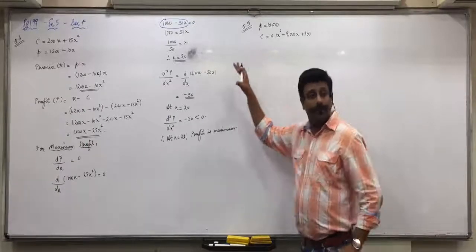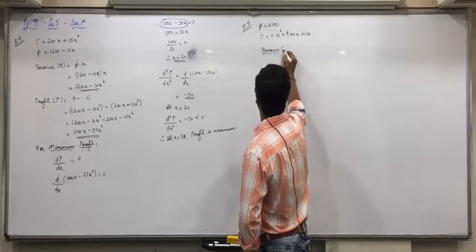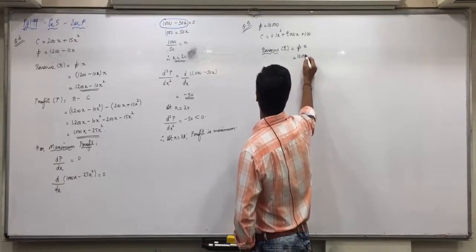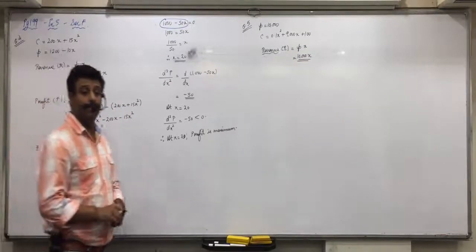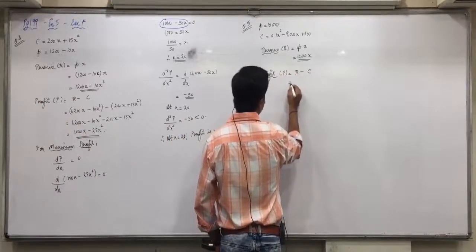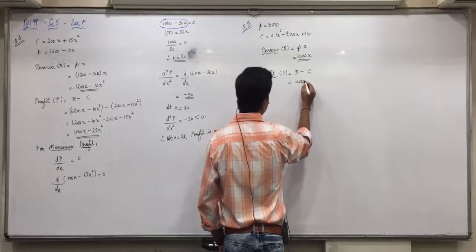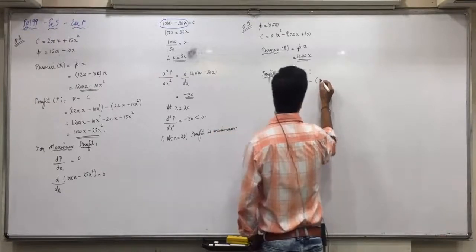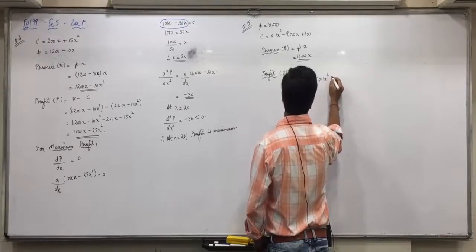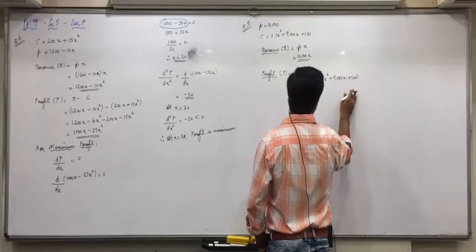First of all, what will we find? The revenue function. Let it be R. How will we find that? P into X, so simply 10,000x. Any doubt in this? What next will we find? The profit function, capital P, which is equal to R minus C. So R is 10,000x minus C in bracket, 0.1x square plus 9,000x plus 100.